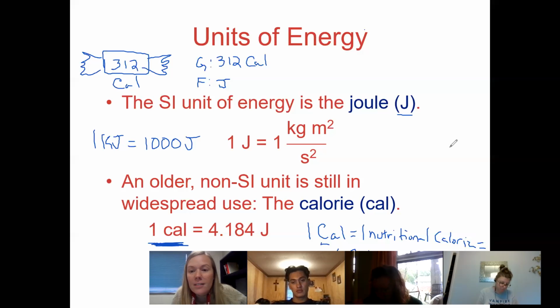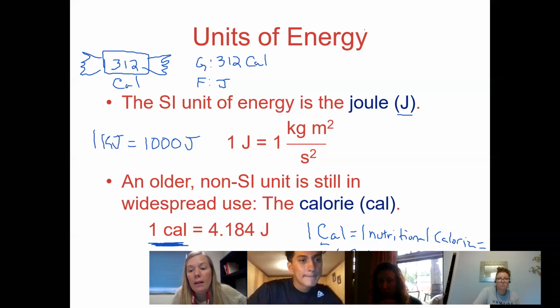This is just a basic conversion problem. So I start with my given information, which is 312 big C calories.